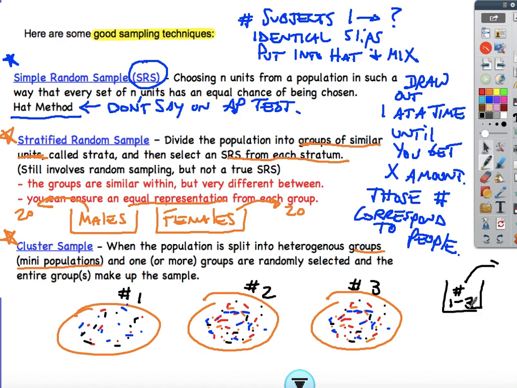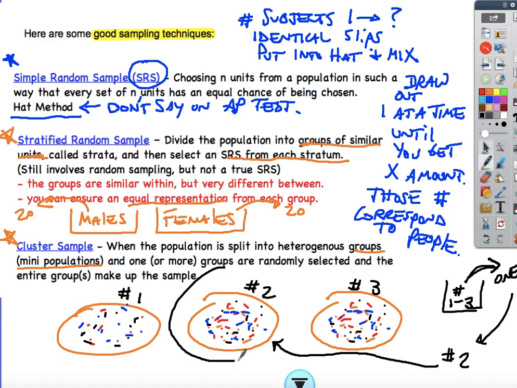Okay, so here's my hat. I'm drawing out one thing, and let's say that one thing is the number 2. Then that means that I'm going to use this entire group. Everything in the group is chosen as my sample. Now, you don't have to just draw out one thing. If I have like 20 groups, I might draw out 3 to 5 of them or something, and then I would use everything in all of those clusters that were chosen.